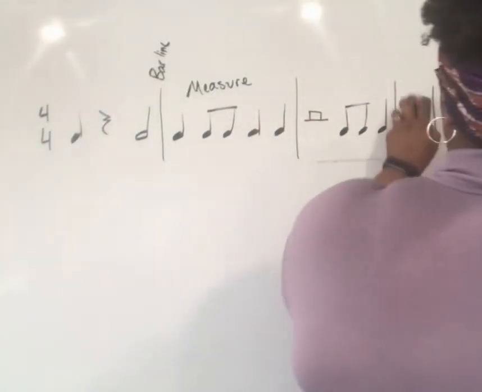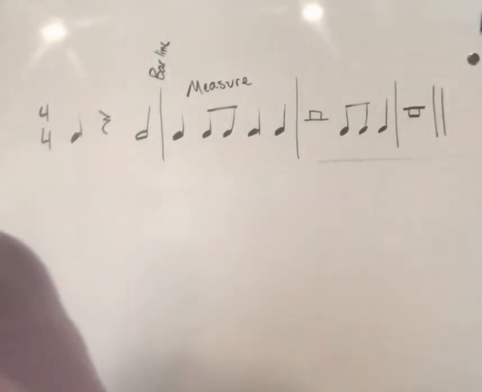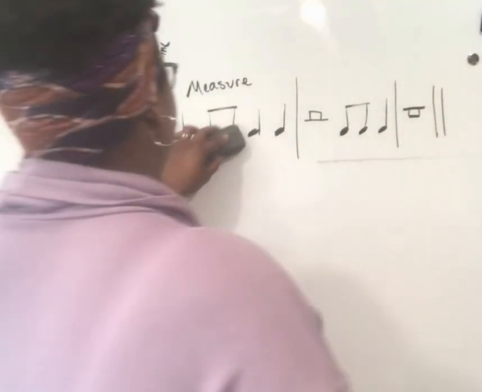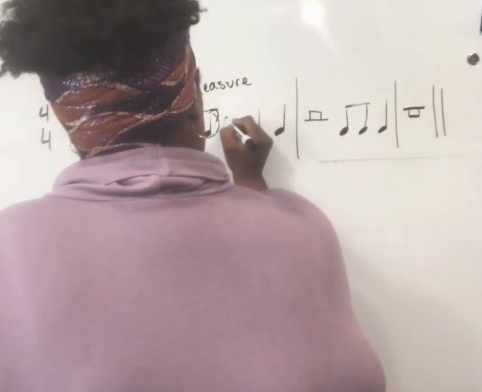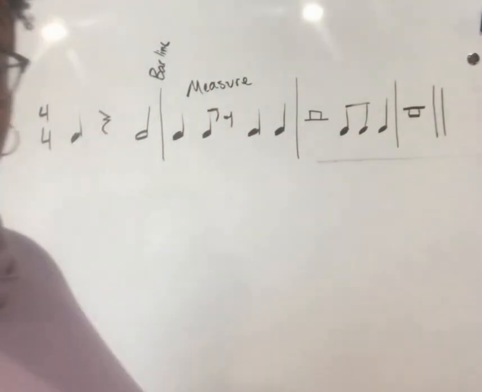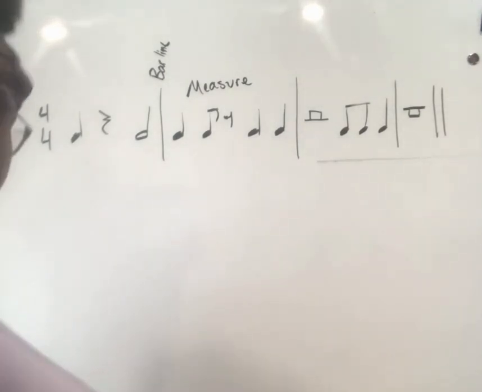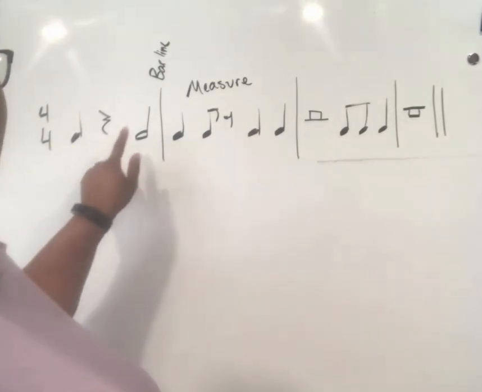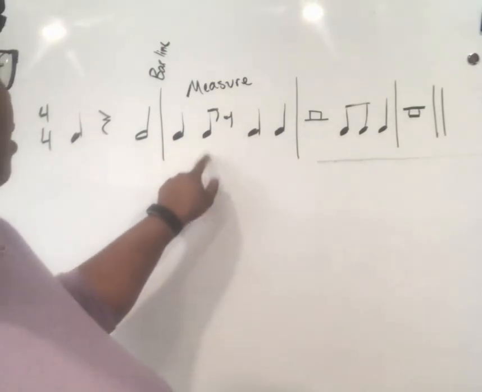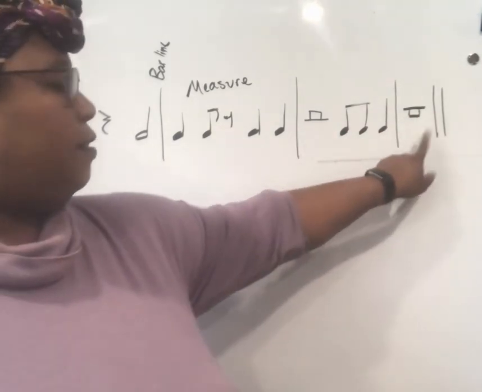A whole note can be replaced by a whole rest, and an eighth note can be replaced by an eighth rest. Okay? So now this rhythm would be like this. Ta, ta, ta, ta, ta, ta, ta-di, ta.